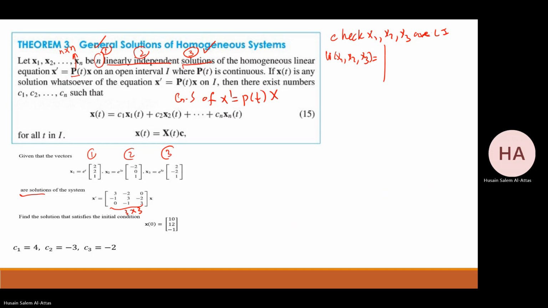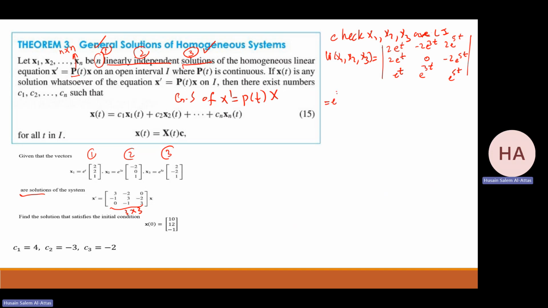I have e to the t, and I can take these out. Let me do it in steps. 2 e^t, e^t, then minus 2 e^3t, 0, e^3t, 2 e^5t, minus 2, sorry, this is 5t, minus 2 e^5t, e^5t.